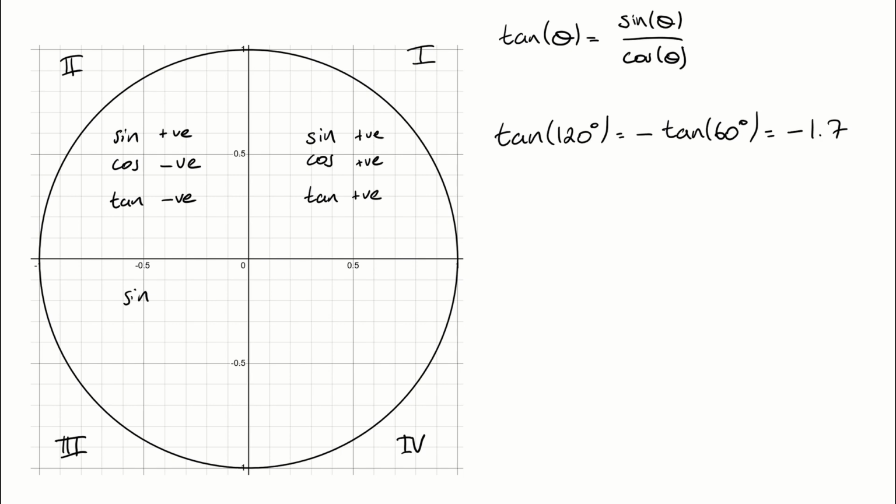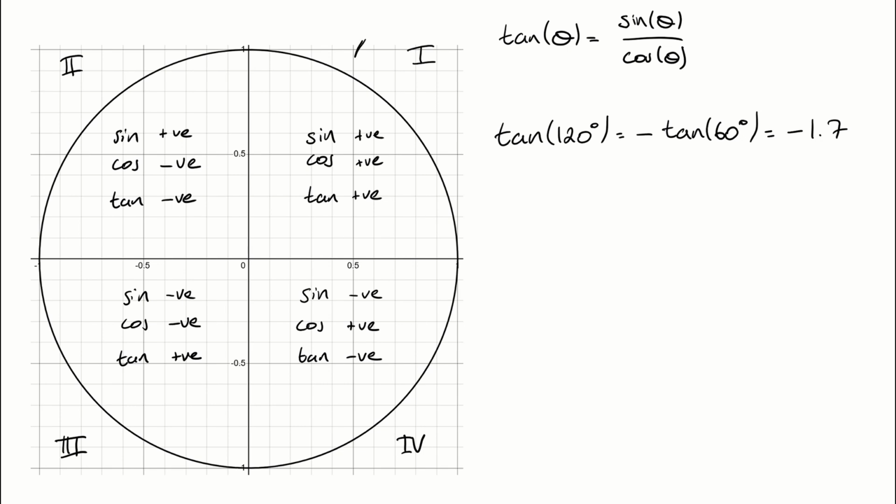If I have a look down here, my sine is negative and my cosine is also negative. So my tangent is actually going to be positive, because negative divided by a negative gives me a positive. And down here, my sine is negative, my cosine is positive, and my tangent would therefore be negative. So there's a good little acronym that we see.